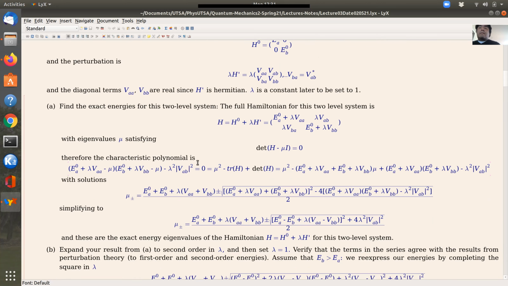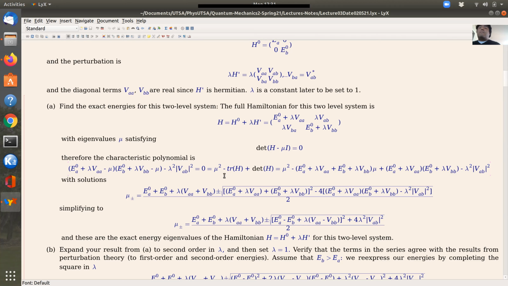And I have the characteristic polynomial, which of course I can express in two different fashions. The first one is, of course, by basically computing the determinant directly of H minus mu I, which is over here. So notice the mu appearing in this part. The other is, again, you probably saw this in your ODEs course.